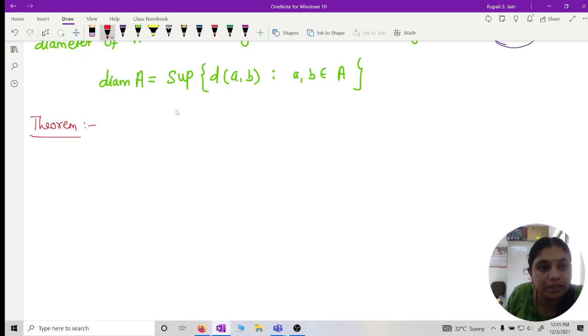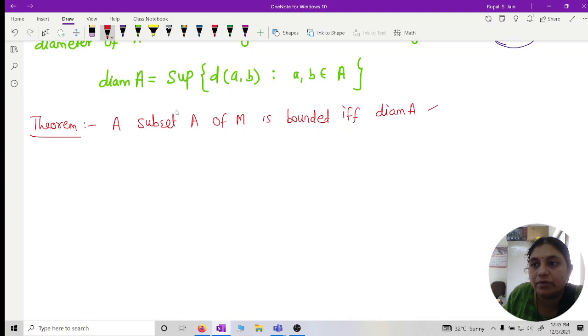Theorem: a subset A of M is bounded if and only if the diameter of A is finite.